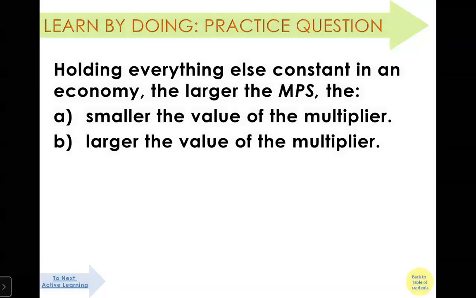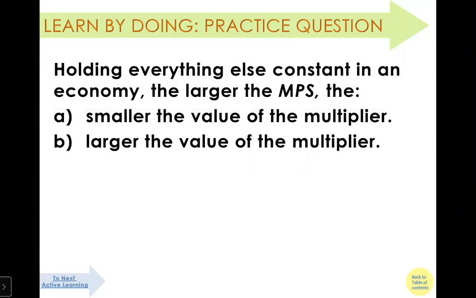Now let's look at this practice question. Holding everything else constant in the economy, the larger the MPS is, what's the impact on the multiplier? To understand this one, we need to write the multiplier as 1 over 1 minus MPC.